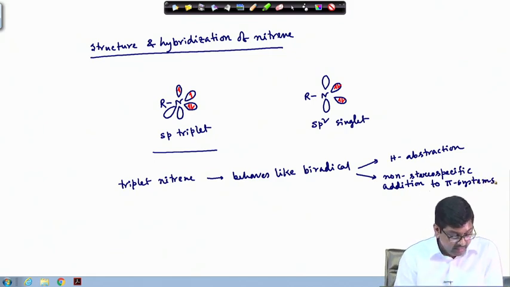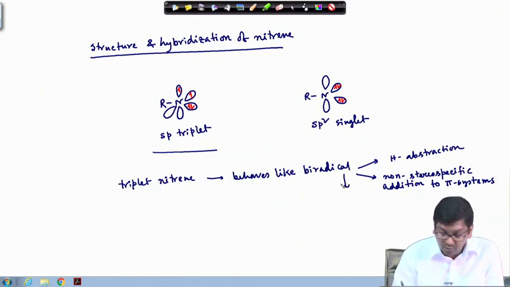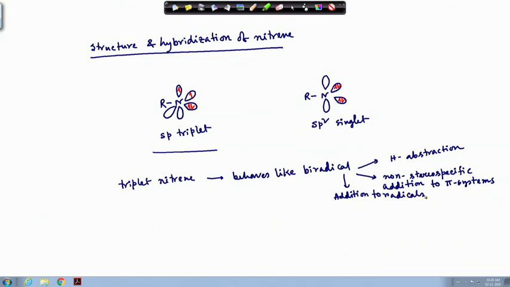Okay. Or else, as it is behaving like a diradical, it can also add to other radicals. So, addition to radicals. Or these two nitrenes can dimerize themselves.